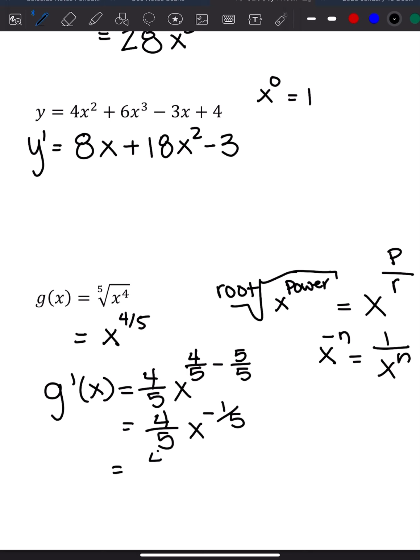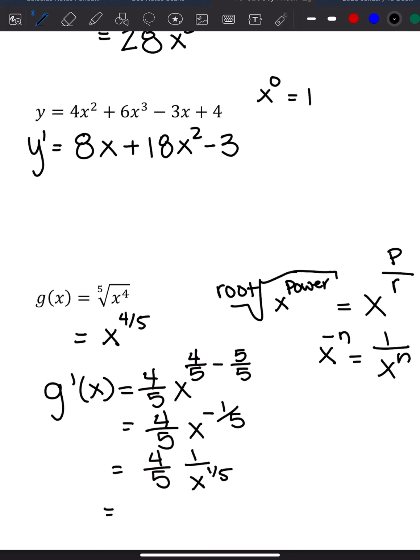Okay, so I have 4/5, and then I'm going to change this to 1 over x to the 1/5. Okay, so we can kind of do two things here. I have two fractions that are realistically being multiplied together, so I can do the tops multiplied together to bottoms multiplied together. So I have 4 divided by 5 times x to the 1/5, and we can go ahead and change it back to our root.